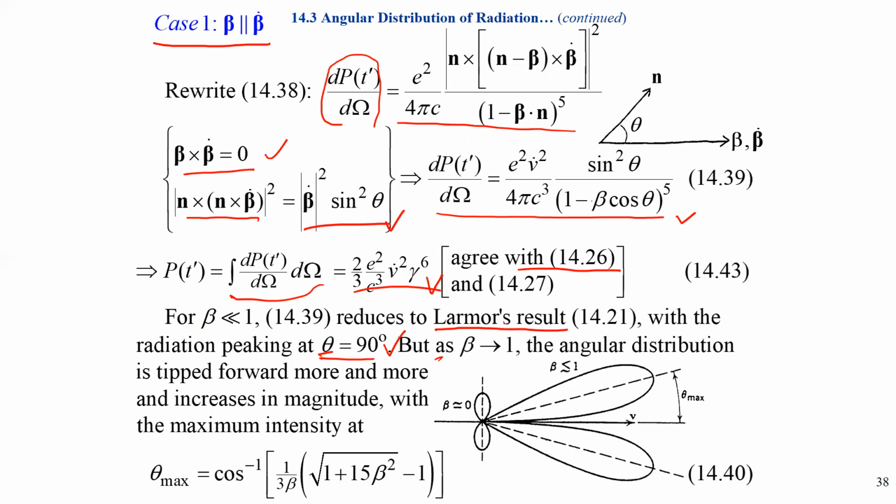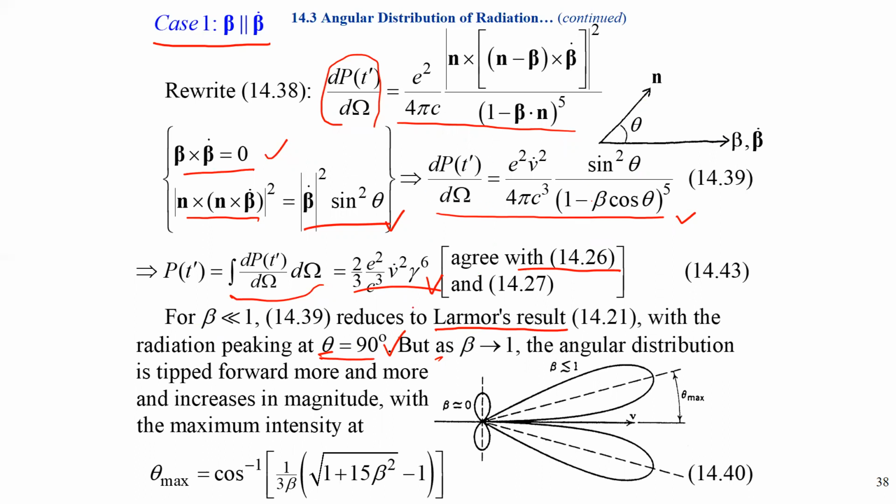For beta very close to 1, the angular distribution is tipped forward more and more and increases in magnitude. Beta very close to 1. Cosine theta will be 0. Because very small, extremely small here and small here.